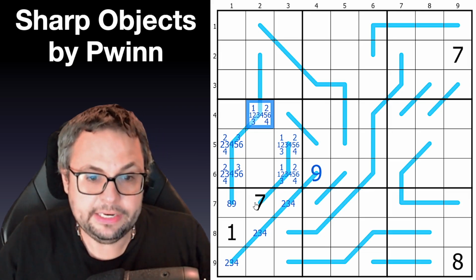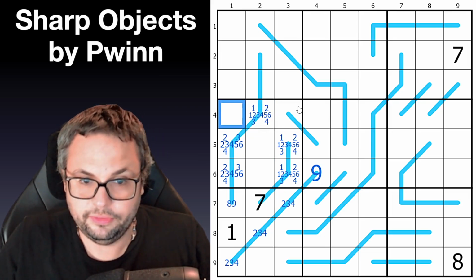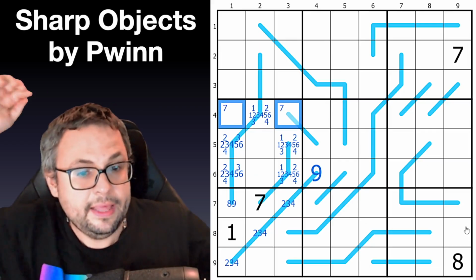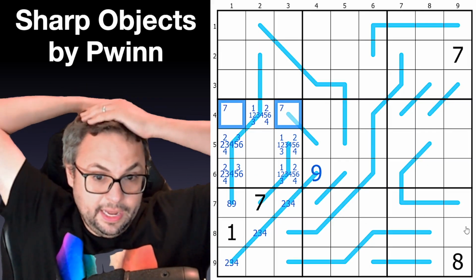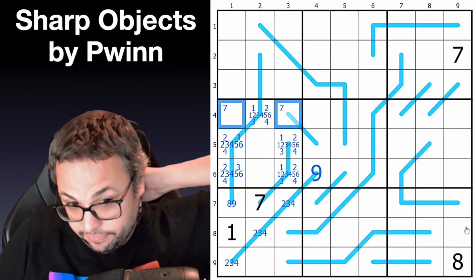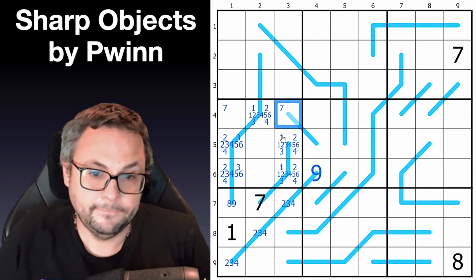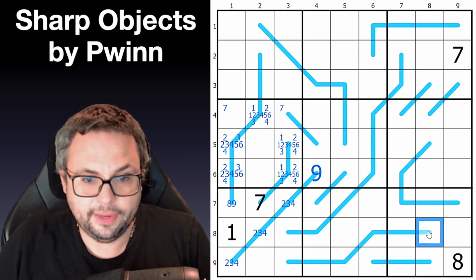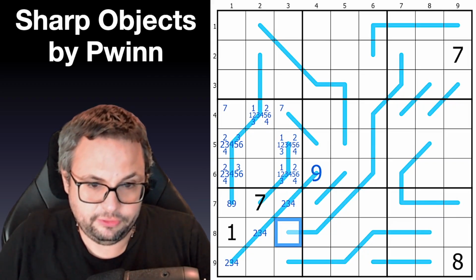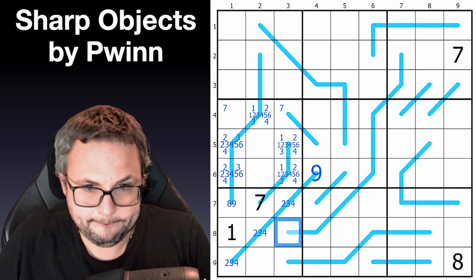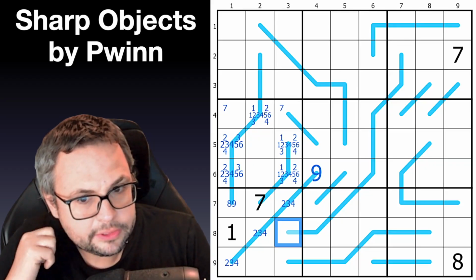Okay. I did all of that so that I could note, I don't know how useful this is going to be immediately, that there's a 7 living its best life up here. Looking over there, although I see perhaps what I actually should be saying. Maybe this isn't quite there yet.